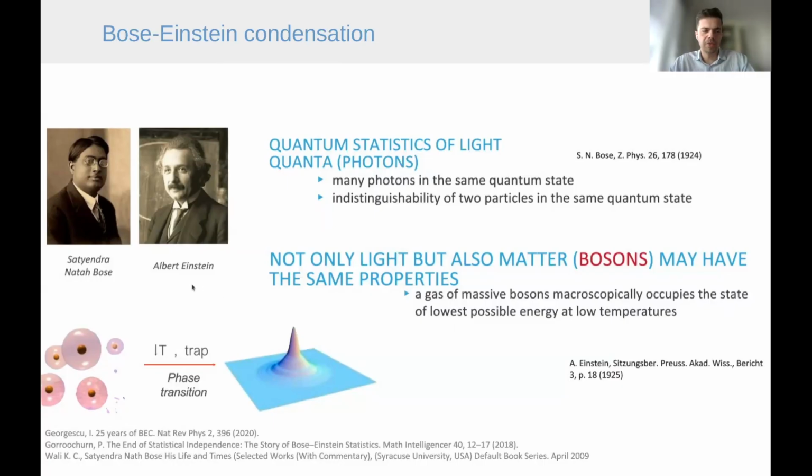So if we have matter composed of bosons, and we lower the temperature, it will go through a phase transition at sufficiently low temperature, which will result in all or most of the particles occupying the same ground state of the system.